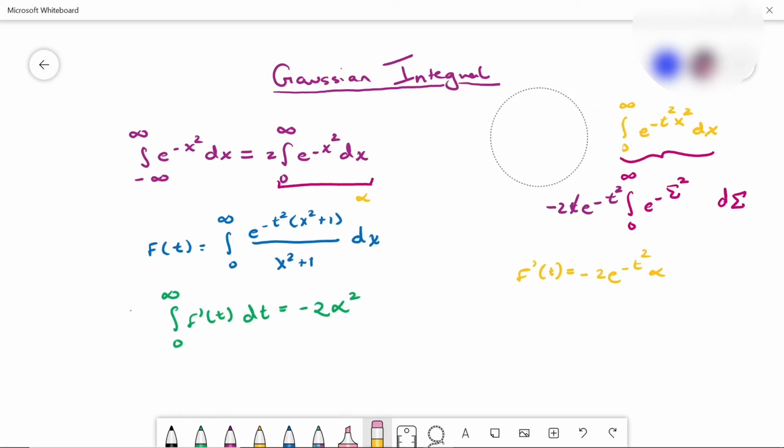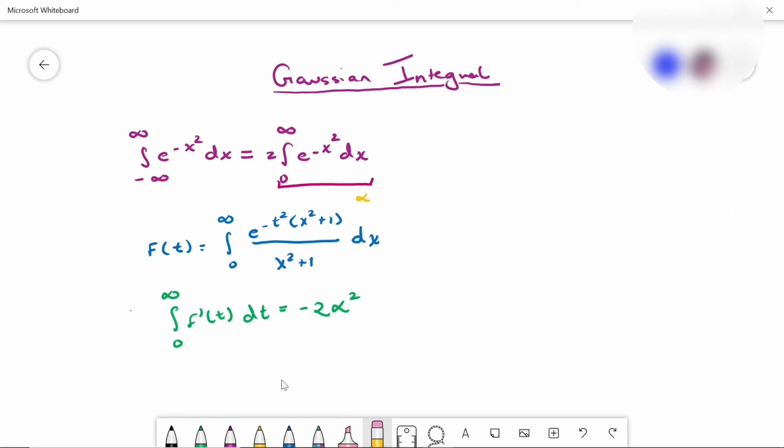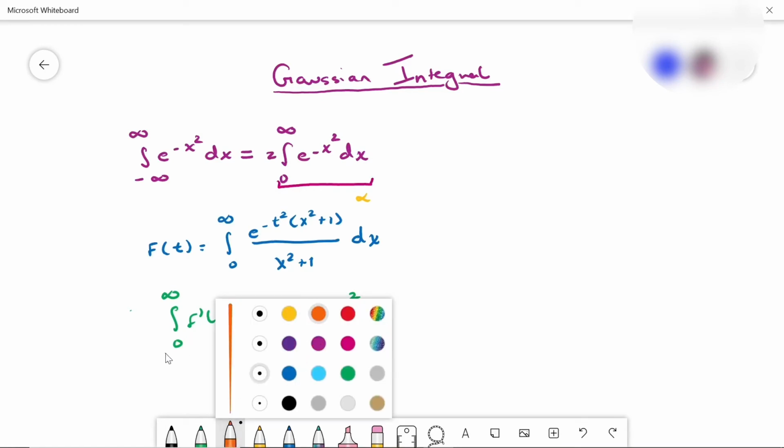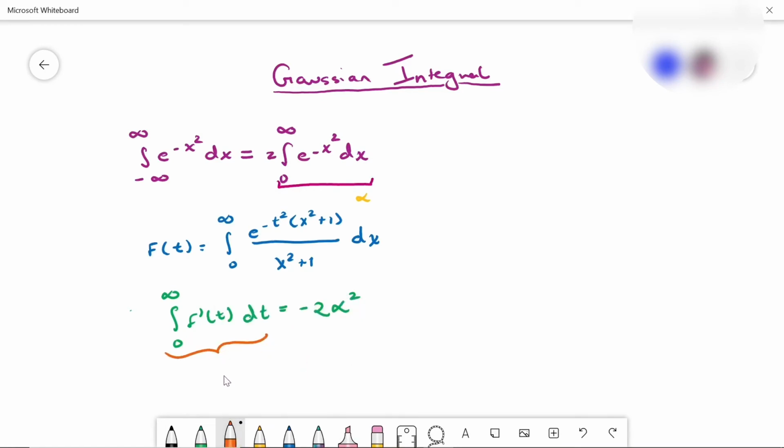Now, because of the fundamental theorem of calculus, we know that this thing here is equal to f of t calculated between 0 and infinity. So what is f of 0? Let's calculate that first. That's the integral from 0 to infinity of e to the negative 0, because if you put 0 for t, everything is just 0, divided by x squared plus 1 dx.